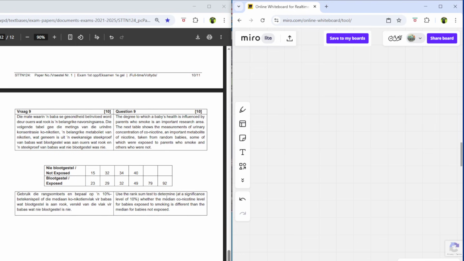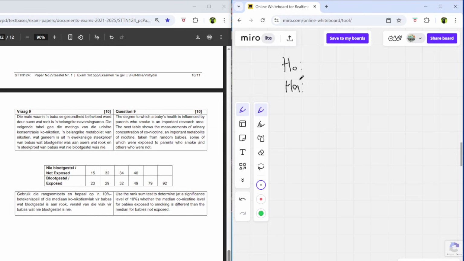Use the rank sum test to determine, at the significance level percent, whether the median cotinine levels of babies exposed to smoking is different than the median for babies not exposed. So they said different. So now we're using the median here. This is what we're going to write our null and alternative hypothesis as.